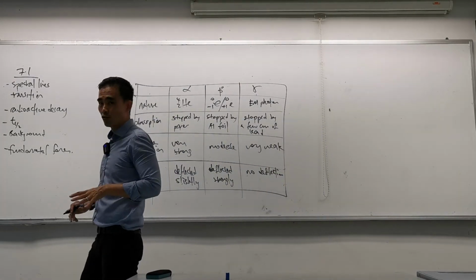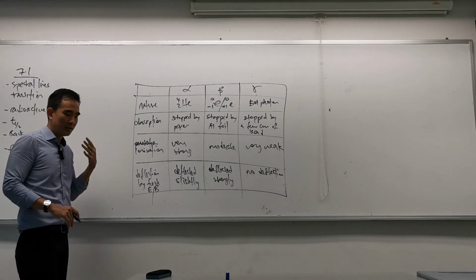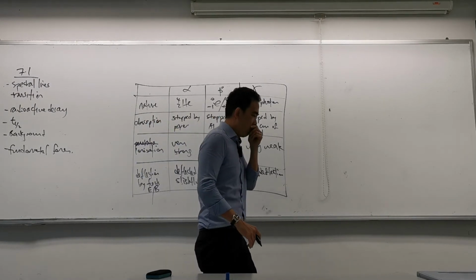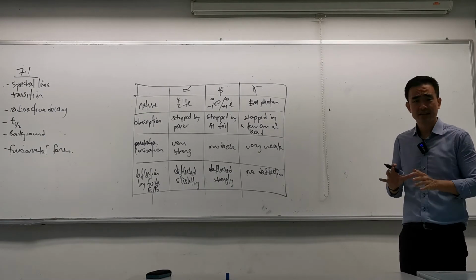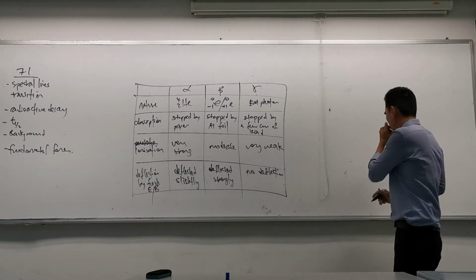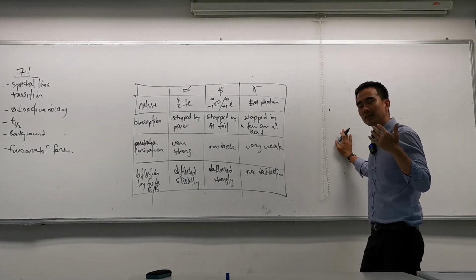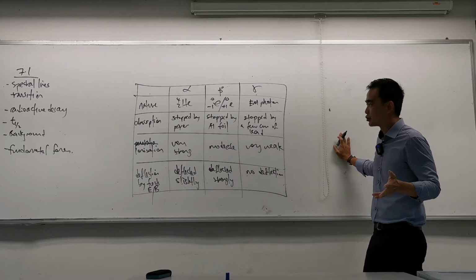Now I'm going to go on to the portion about the rate of the decay, because it is very important for us to understand how fast things are decaying. Because if something decays really fast, it means that we are being hit by a lot of radiation in a very short time.